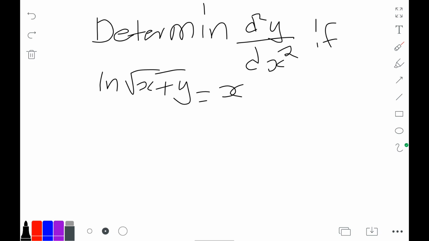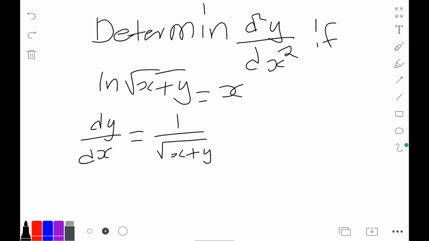First we find dy over dx, so our dy over dx of this is going to be 1 over square root of x plus y, times d over dx of square root of x plus y, which equals 1.